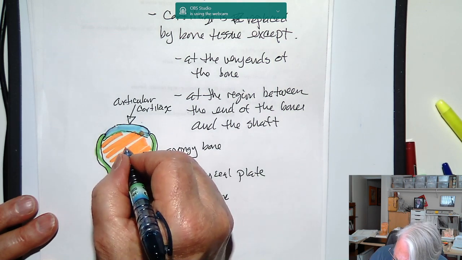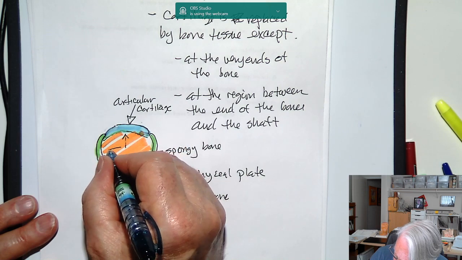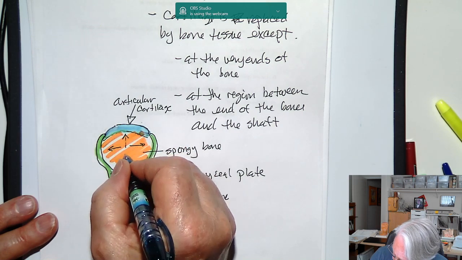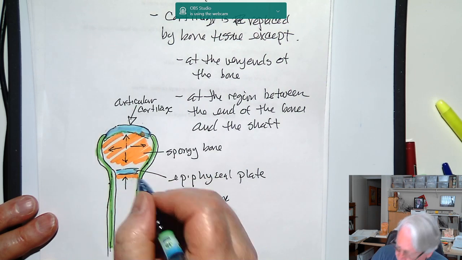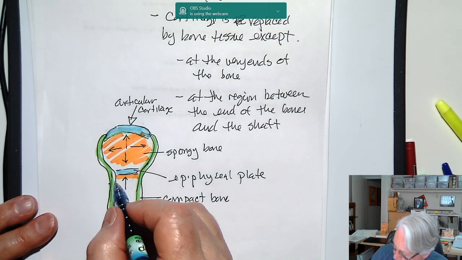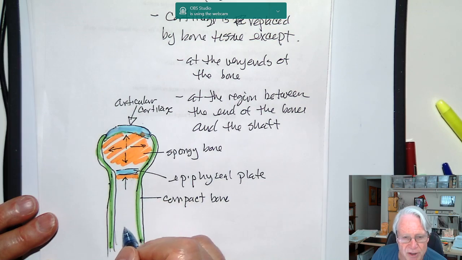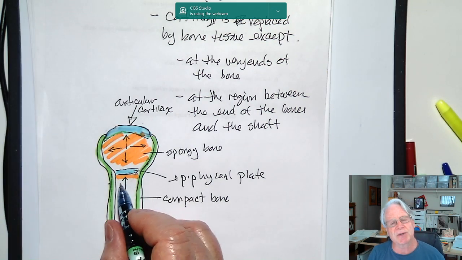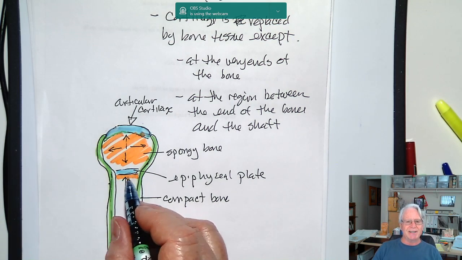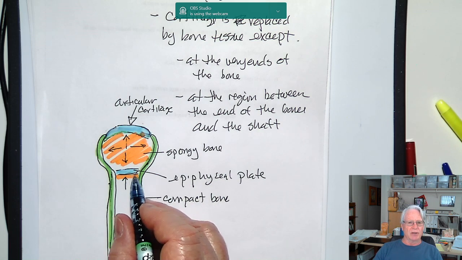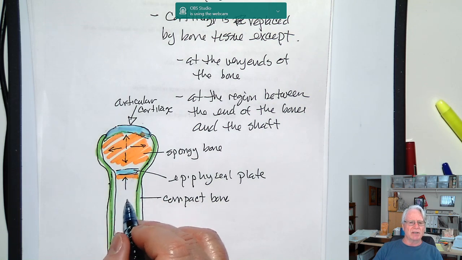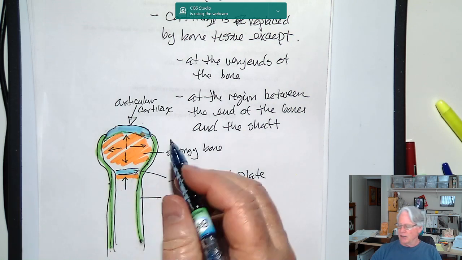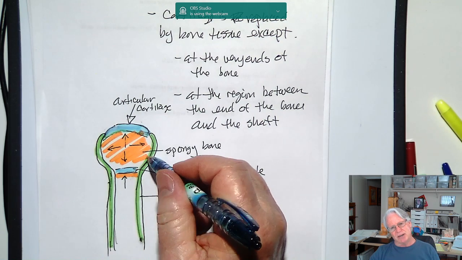So growth is moving out in this direction, and out in this direction, and out in this direction, and out in this direction. At the same time, growth is going this direction. Except that here, we're removing the material as we go forward. There's always going to be a thin line of spongy bone that's being laid down on top of to remove the cartilage. And that growth is going to continue, but behind it, we're removing it so that we end up with this space. And then this area is going to be remodeled into compact bone.